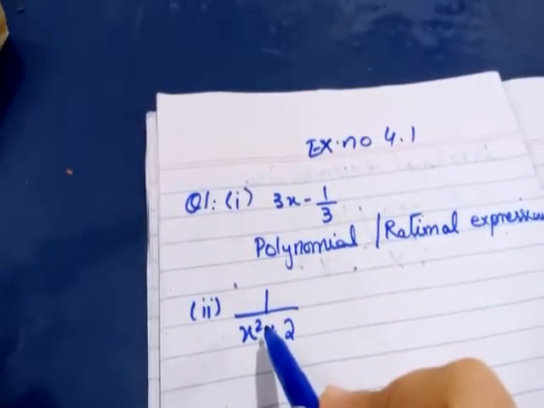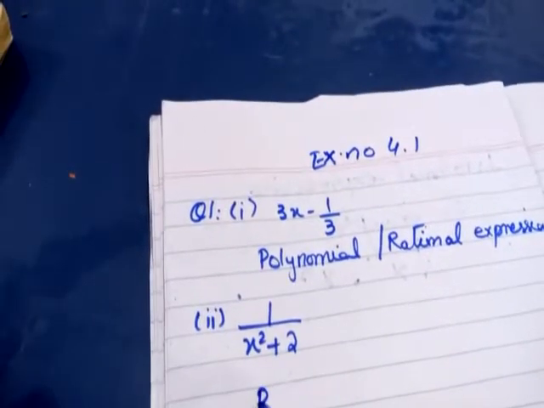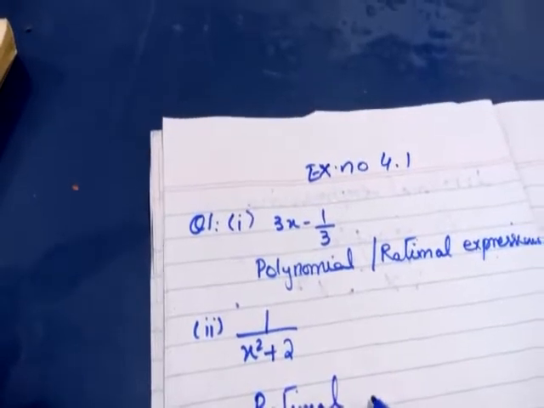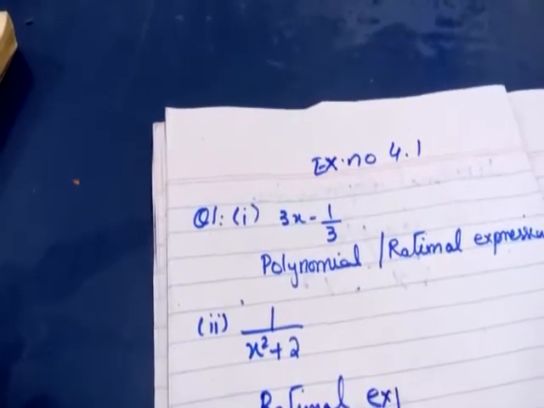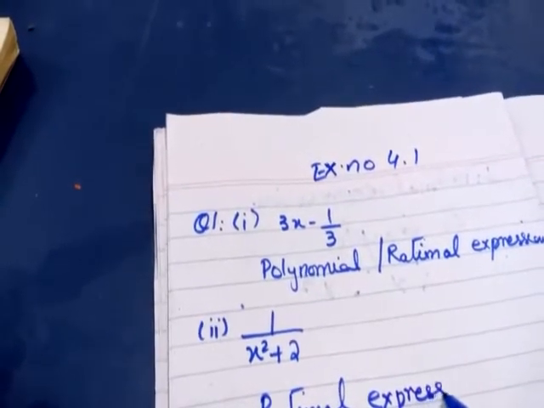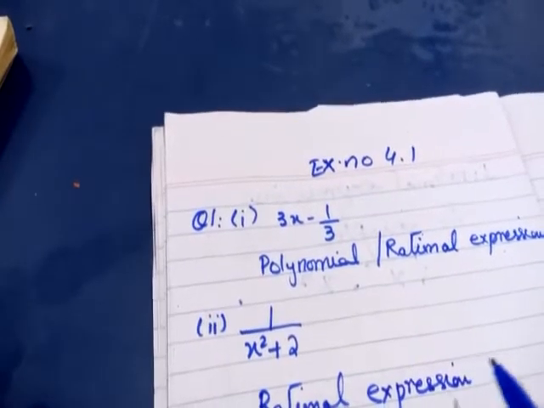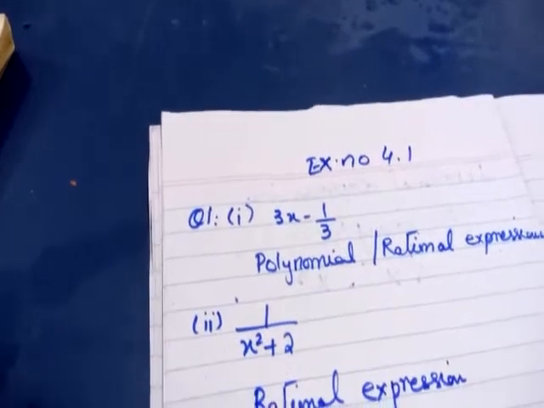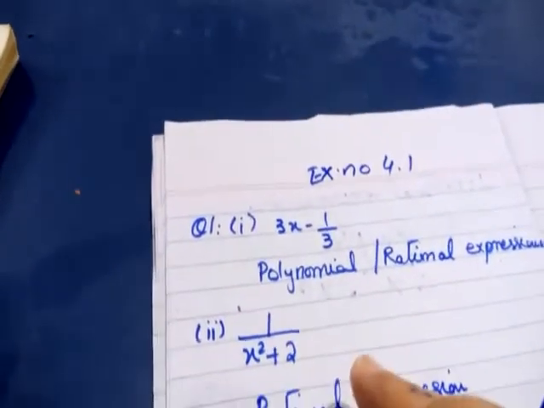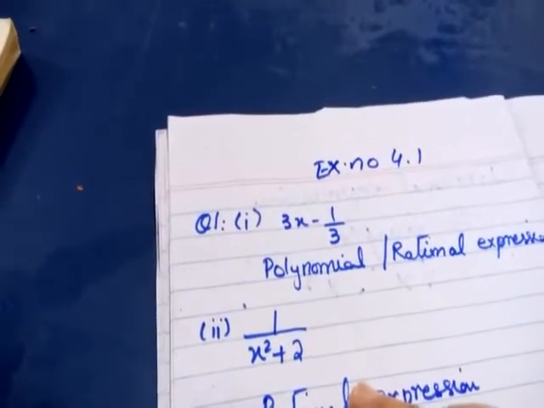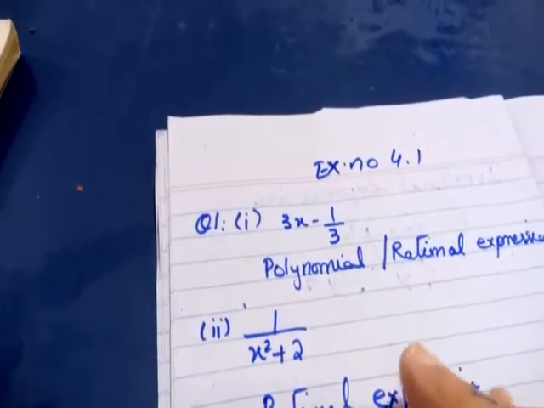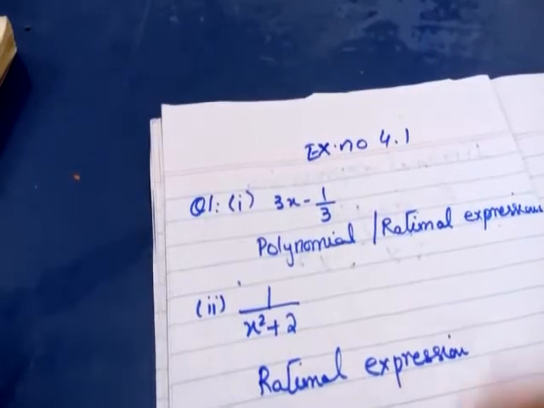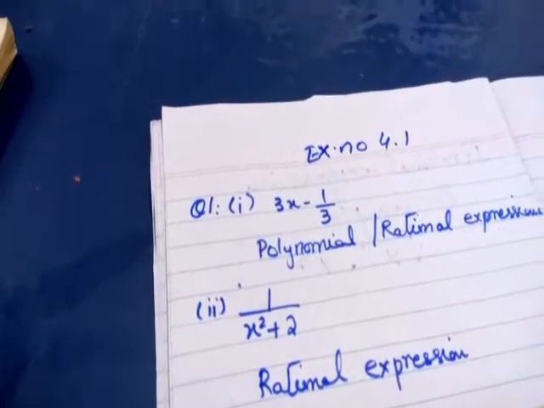So it means that it is a rational expression. You have to remember this thing, that whenever the power is negative, it is always a rational expression. Now like this you will identify one by one all parts, and decide whether the given parts are polynomial, rational or irrational expressions.